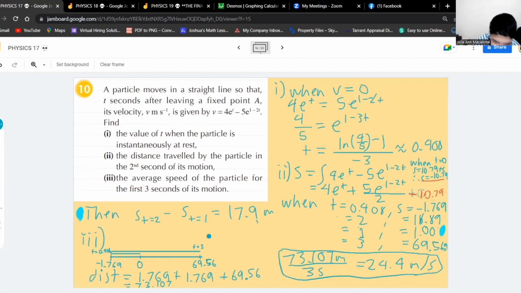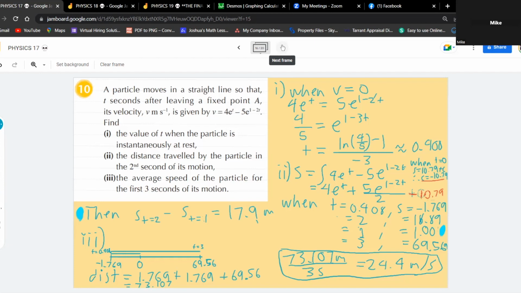Opo. Dapat adjusting regarding yung sign po ng velocity. Okay, so 4e to the t plus 5e to the 1 minus 2t over 2. Ginagamit mo ba yung notation na definite integral para sa displacement?